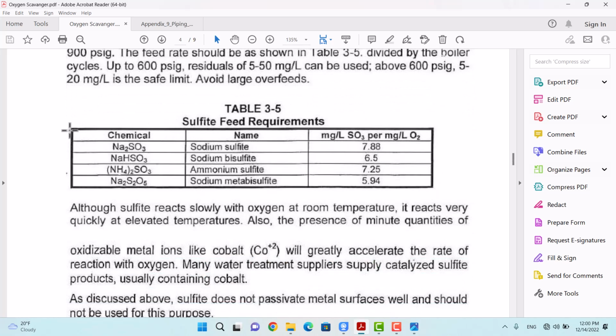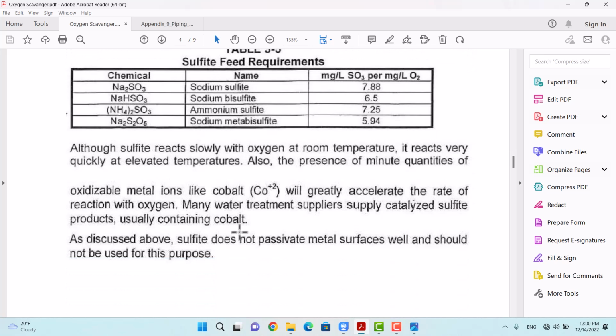Here we have sulfite feed requirements for different types of sulfites. As you can see here, this is how much is required in order to have that low amount of oxygen in the system. Although sulfite reacts slowly with oxygen at room temperature, it reacts very quickly at elevated temperatures.